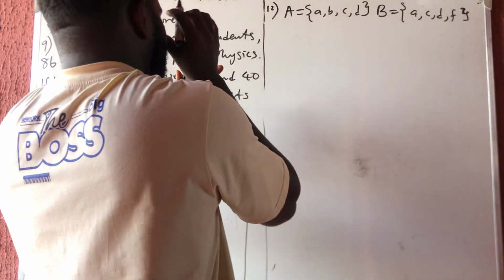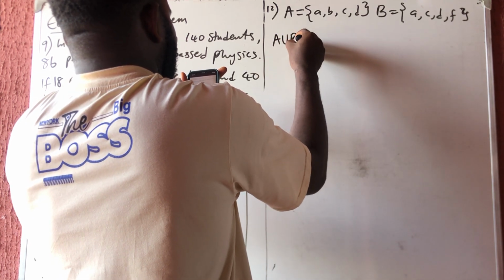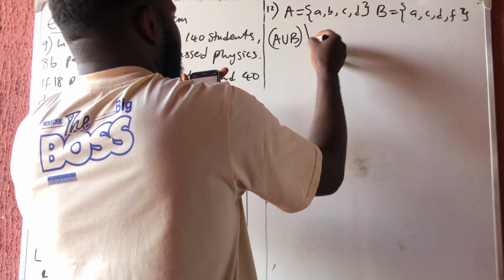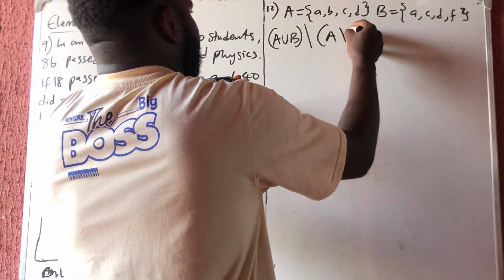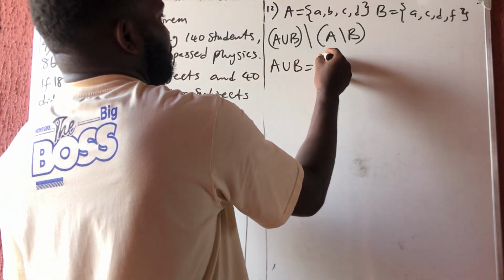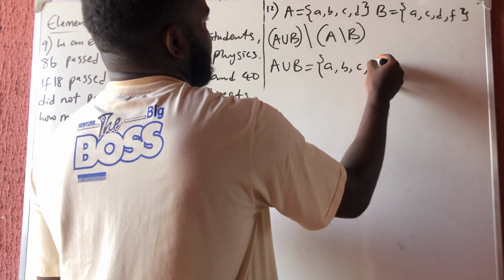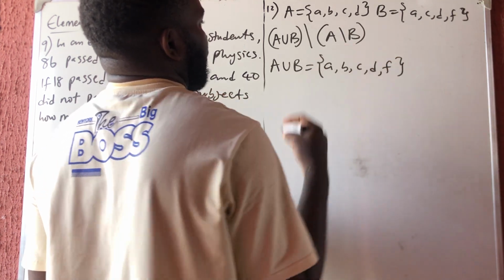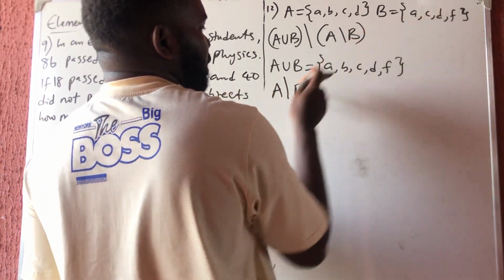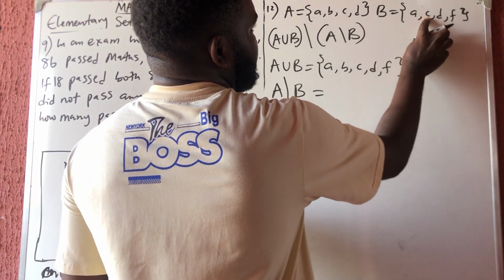Then we should find A union B, slash A slash B. First of all, we need to find A union B. A union B simply means to bring them together, which is A, B, C, D, and F. Now, A slash B means anybody in B, remove it from A. So I have A, B, C, D here.